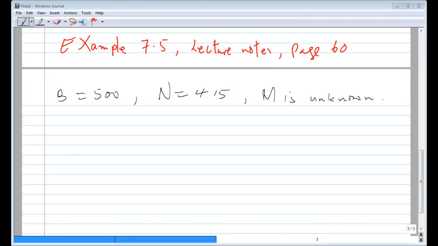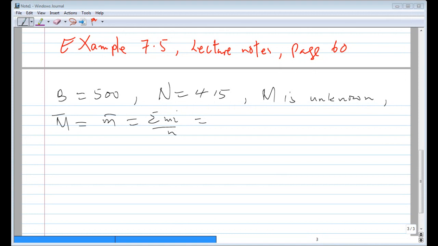And I said, if M is unknown, what do we do? We estimate our M bar as a small letter m bar, which is equal to what? Summation of Mi over N. Yeah, thank you. Summation of Mi over N, which is equal to what? What is the summation of Mi over N from that table?